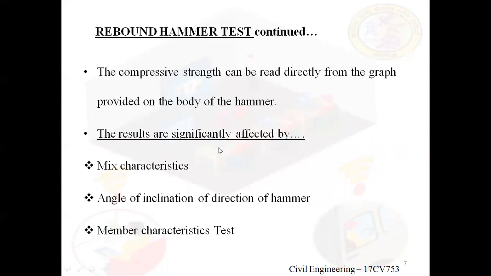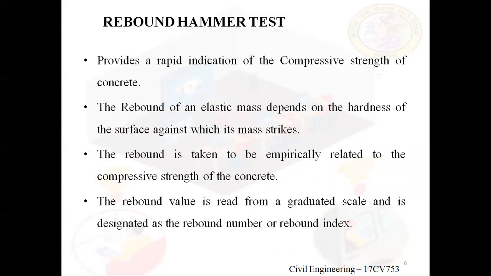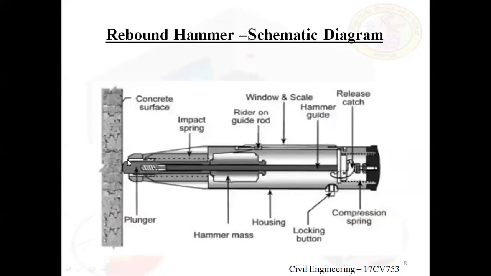The rebound numbers or rebound index will be affected by some factors: mix characteristics, angle of inclination of the direction of the hammer, and member characteristics. Mix characteristics depend on the mix that was used while constructing. Next, angle of inclination: the hammer should be exactly perpendicular to the element.